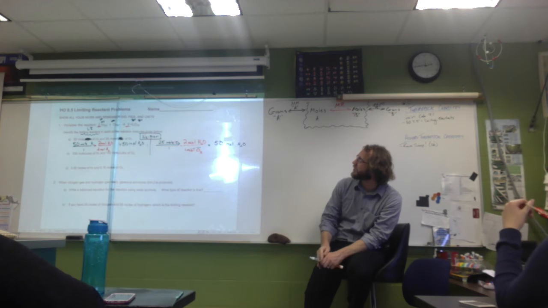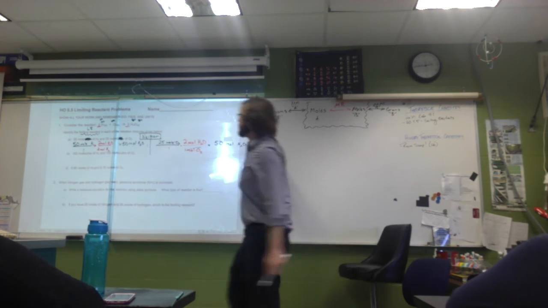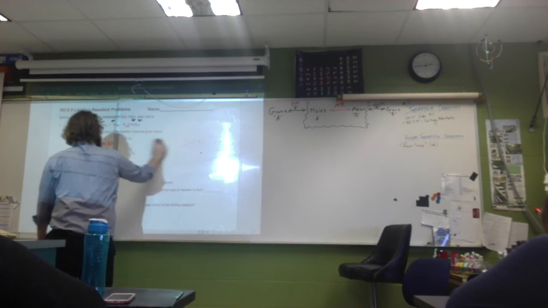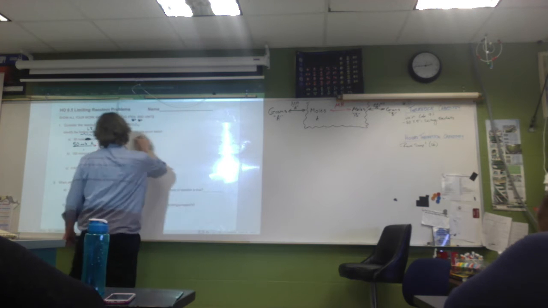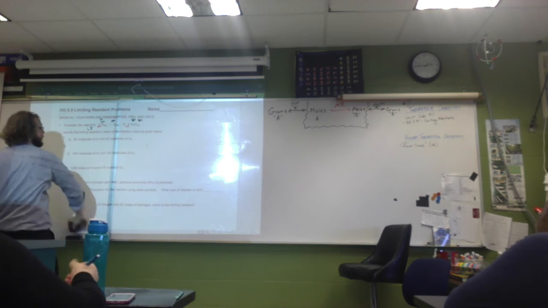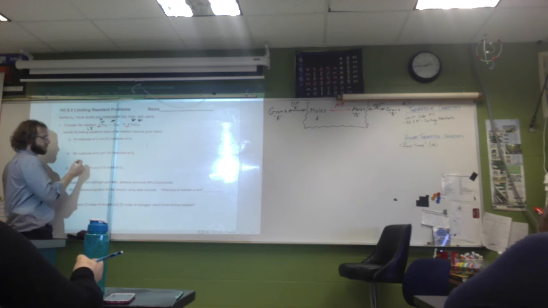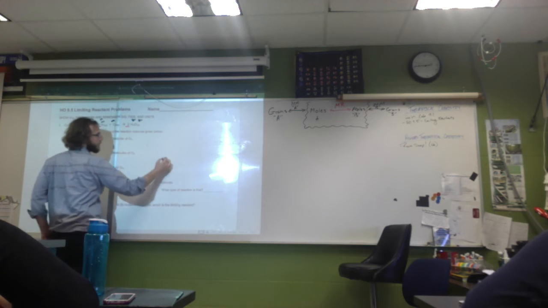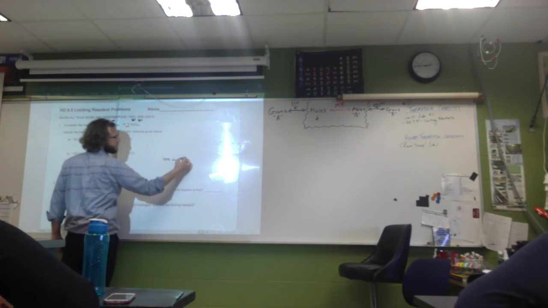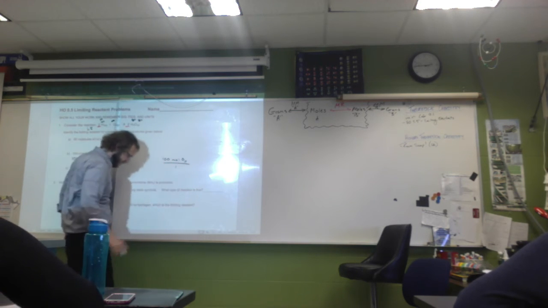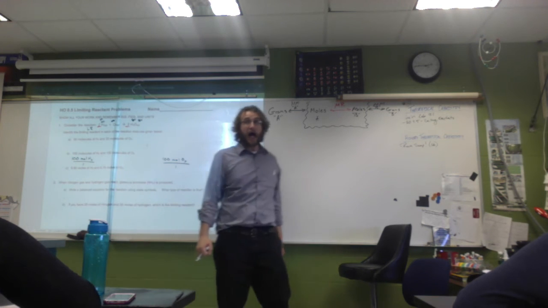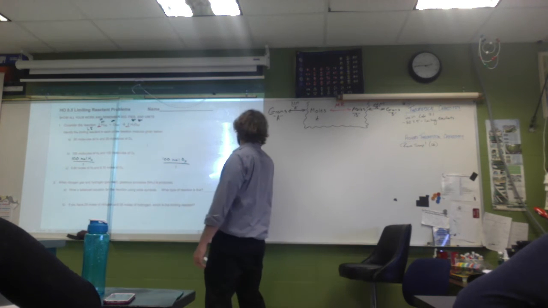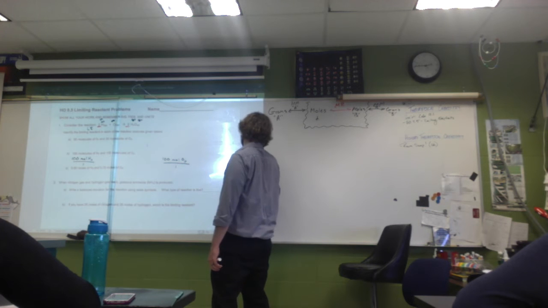Let's try this second one here. B. We've got 100 moles of hydrogen, 100 moles of oxygen. Find the limiting reactant. Well, start with the given. 100 moles of hydrogen, 100 moles of oxygen. What do you want to solve for? Moles of water? Sure. Wait, isn't this the same as what we just did?